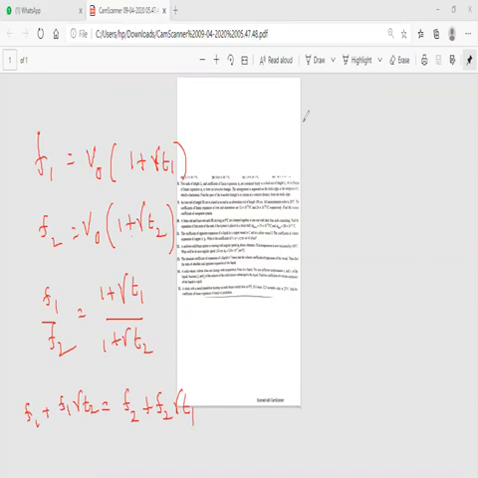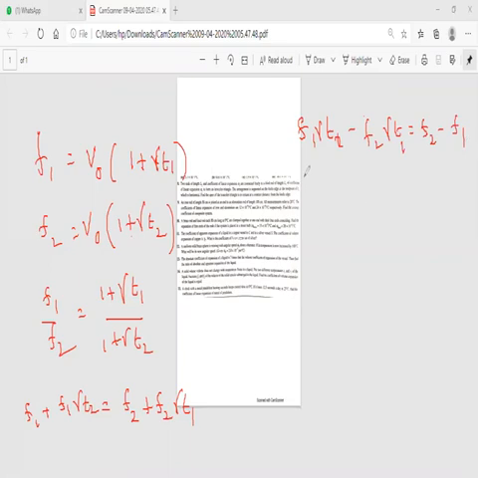So the terms related to gamma, you have to take to one side, maybe the left side. So F1 gamma T2 minus F2 gamma T1 is equal to F2 minus F1.